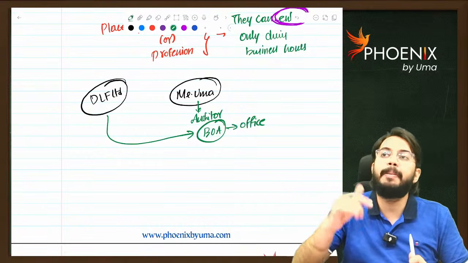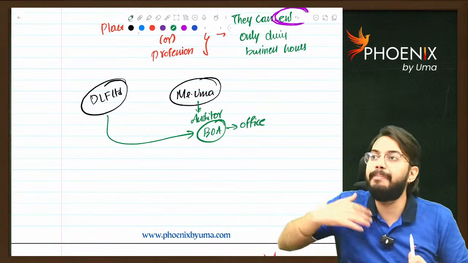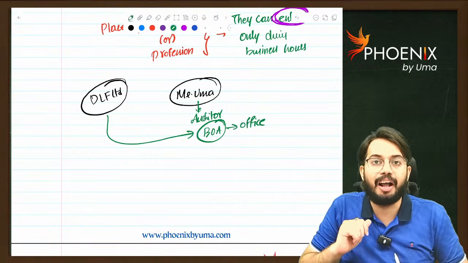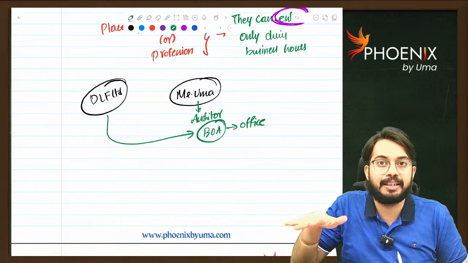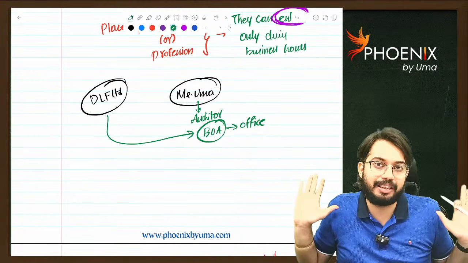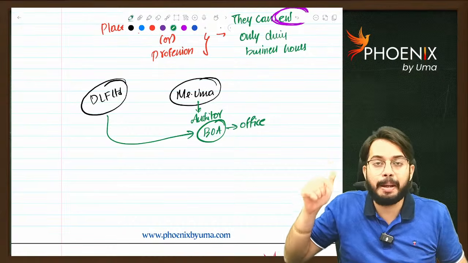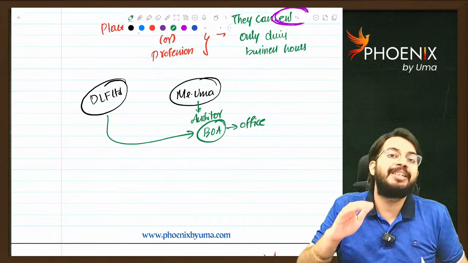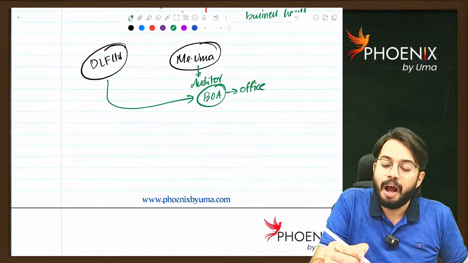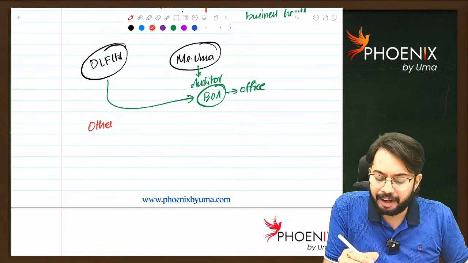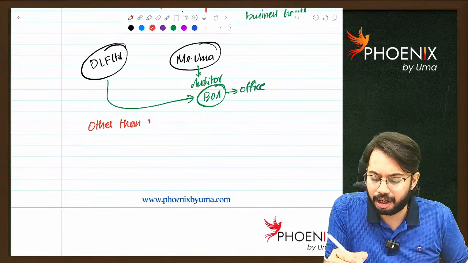See, DLF Limited's place of business is Delhi, but I am maintaining books of accounts in Vijayawada. Now, like department wants to do survey at my place. So this is not a place of business. So they need to enter my premises only after sunrise, but before sunset. Are you able to understand? So other than, if they want to do survey at other than a place of business or profession.